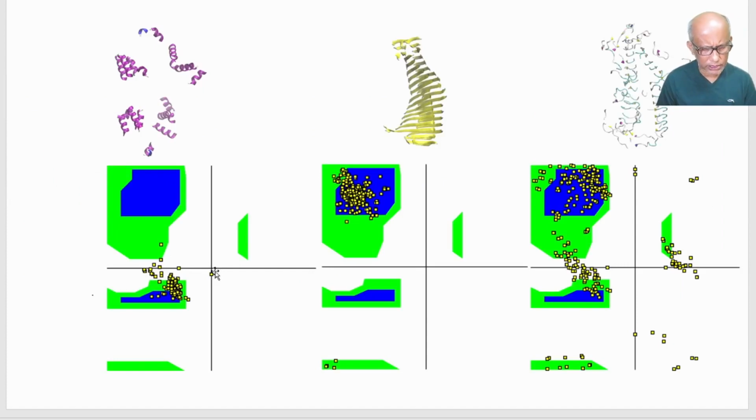It's not exactly minus 57, plus 57, but it varies in a certain range. But the range is not so much. It's a reasonably narrow range.